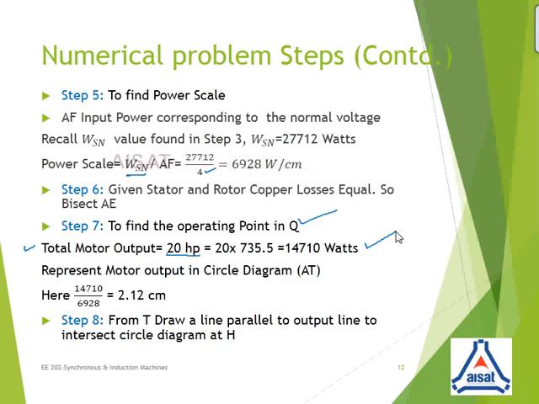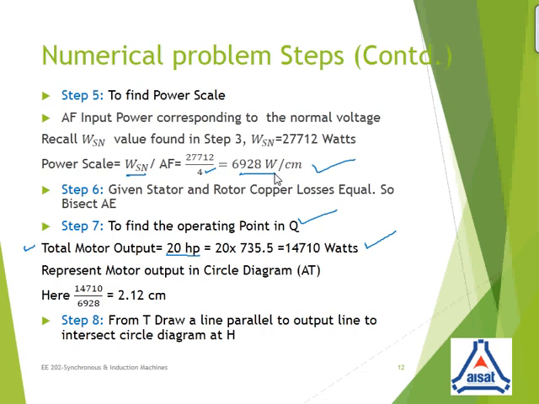How to represent your total motor output: you have chosen a power scale previously. The power scale was computed as 6928 watts per centimeter. So that output power is to be divided by 6928 to get the centimeters to be plotted in the circle diagram.